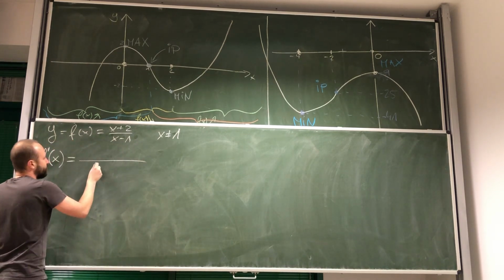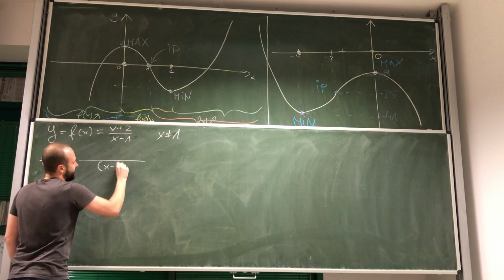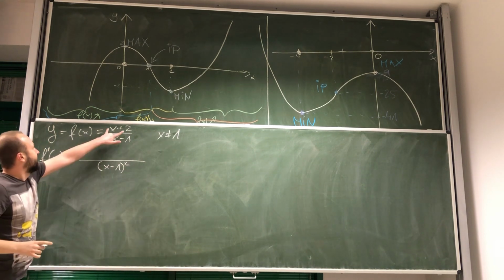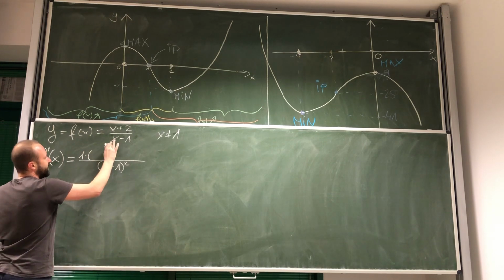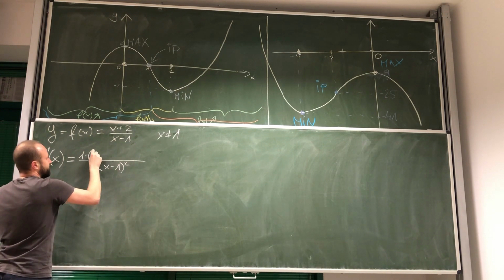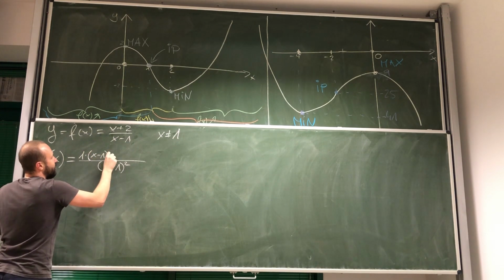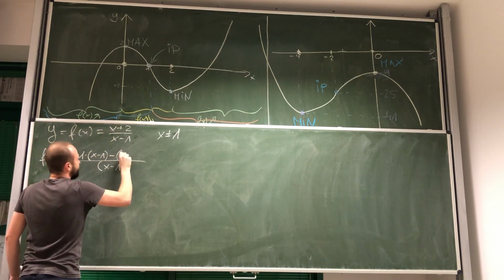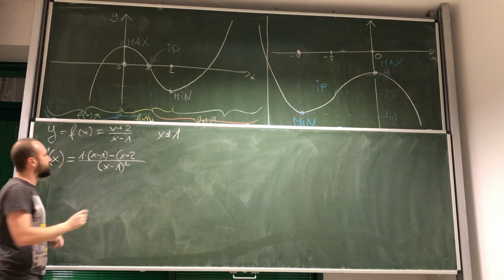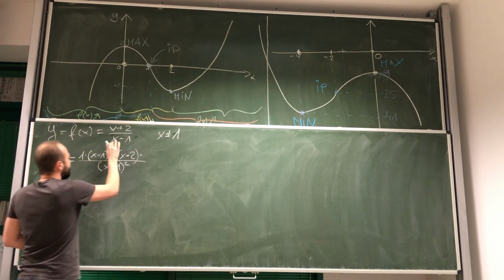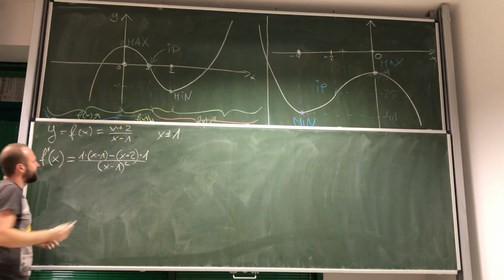So, in quotient rule, we've got x minus 1 squared, and now, derivative of the first expression, which is 1, times the second expression, which is this expression in the bottom, and now minus the first expression times the derivative of the expression at the bottom, which again is 1.